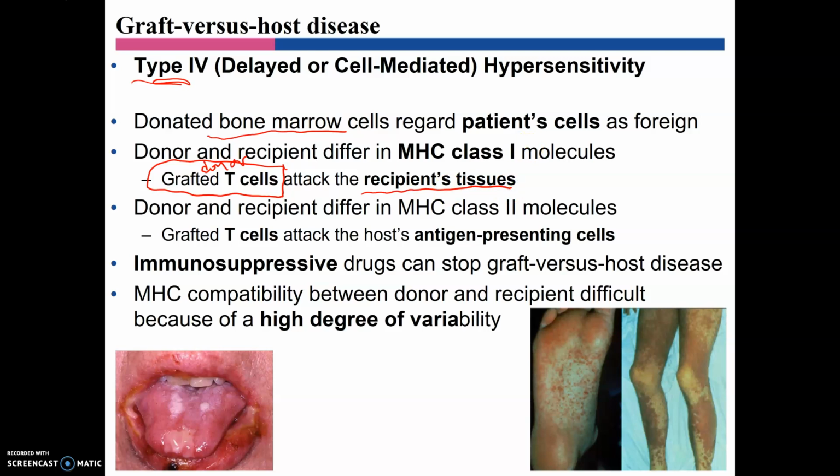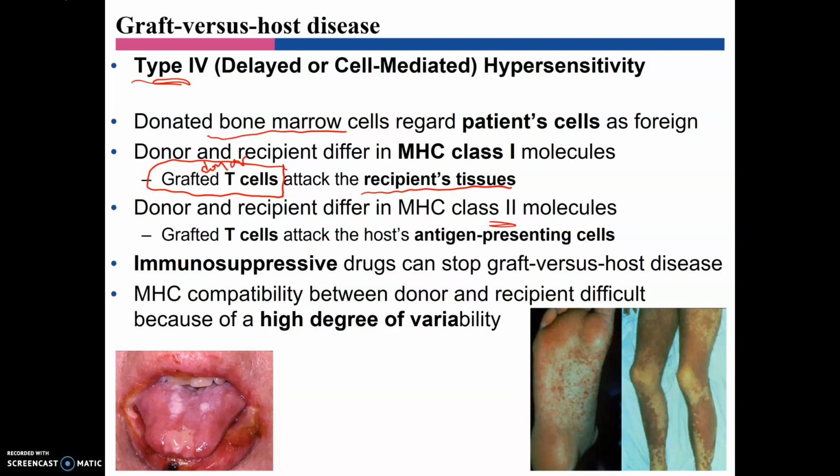So the T cells attack the recipient because they have not learned that that is self because they've been transplanted, and they attack them. So the graft is actually attacking the new host. And typically this has to do with, again, mismatching of MHC.